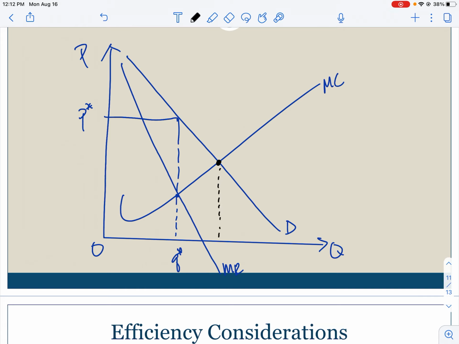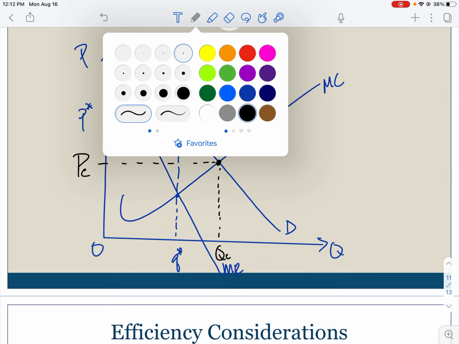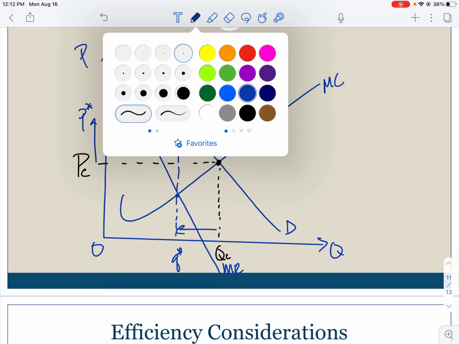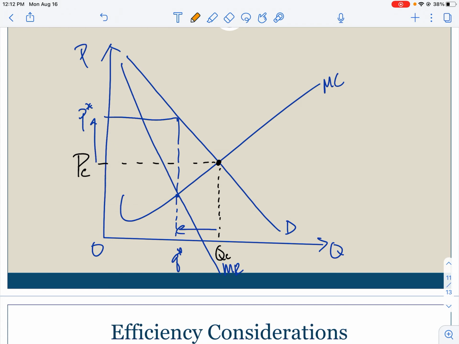This is the quantity that you'd expect in a competitive marketplace, and then you'd expect it probably at this price, the price in competition. So why are we concerned about the monopolist? Well, the monopolist restricts output and jacks up price. As a result, under the competitive scenario, you would have had this big area of consumer surplus.